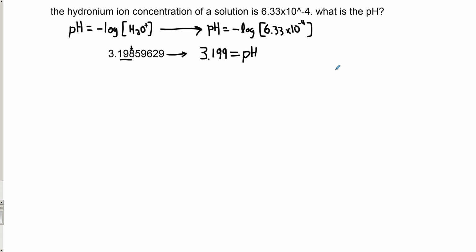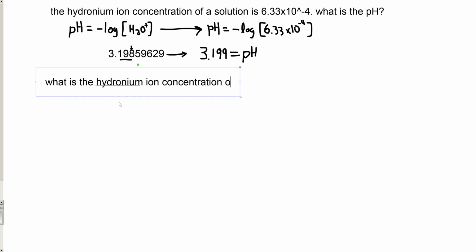Let's try going backwards. So what's the hydronium ion concentration in a solution of pH 8.3? So that's on the basic side of things. That means that we should see a very, very small number for the concentration.